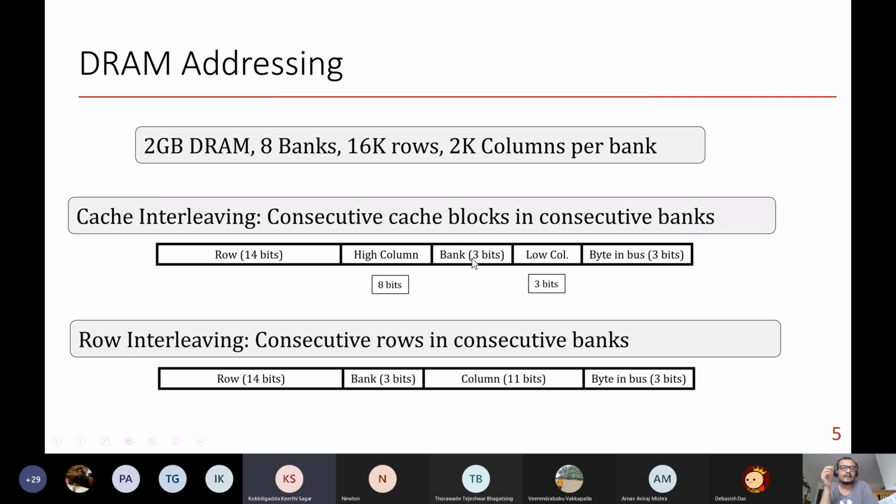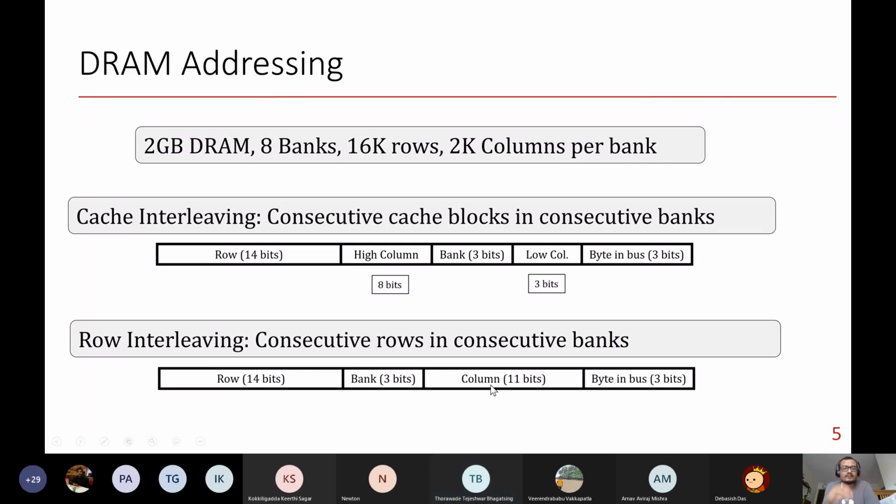Right. So let's say you take address 0, address 64, address 128. In the first case, it will go to bank number 0, 1, 2. The row remains the same, but it goes to different banks. And this row buffer structure is per bank, right? Per bank, yes. So in the earlier case, all these things will be in different banks. Let's say there is an array, so it will be scattered.